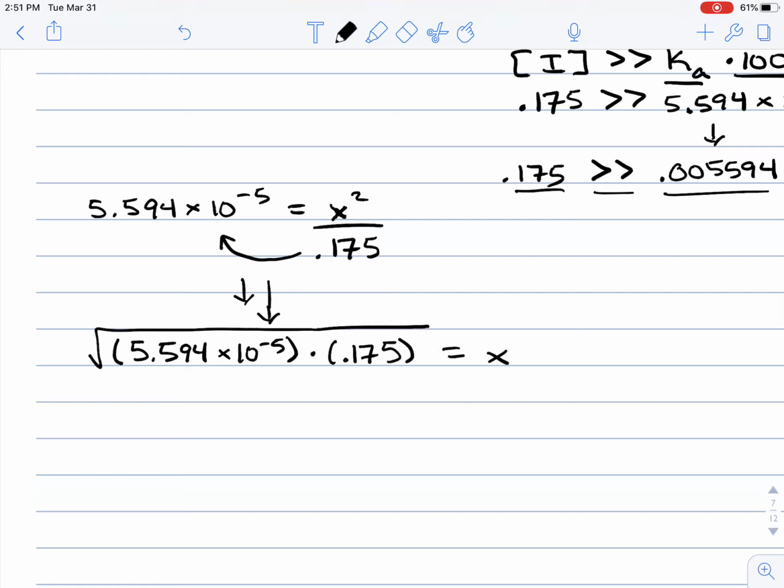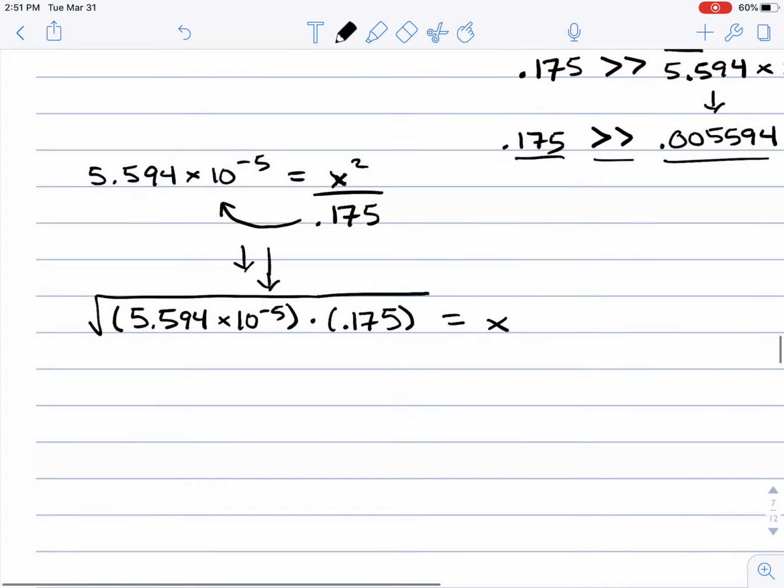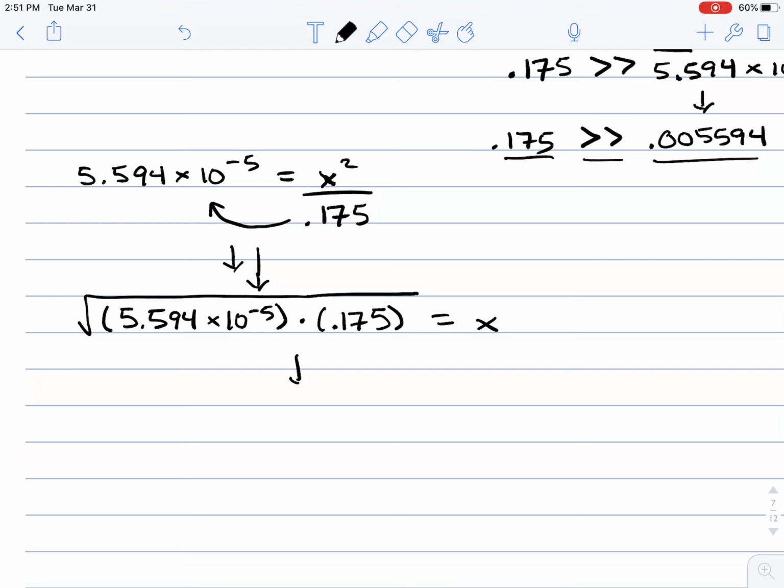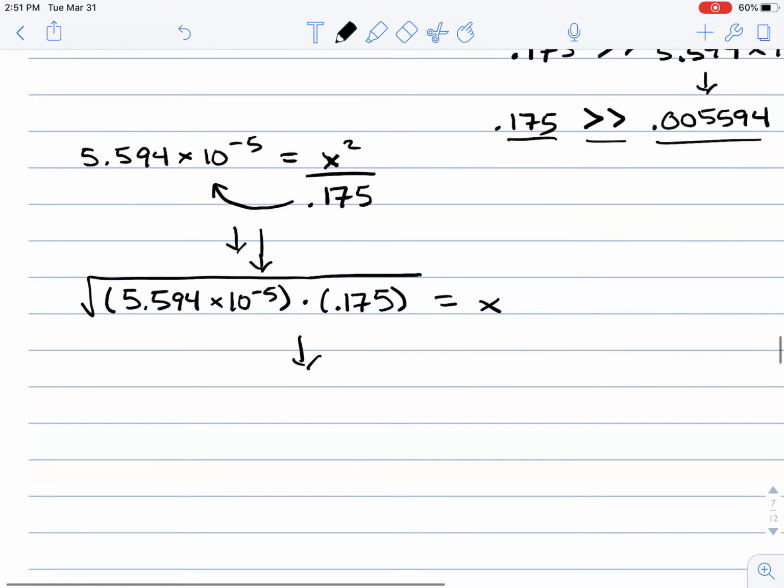Okay. So if you take the square root of the product of what's inside, you guys are going to get 3.128 times 10 to the negative 3.